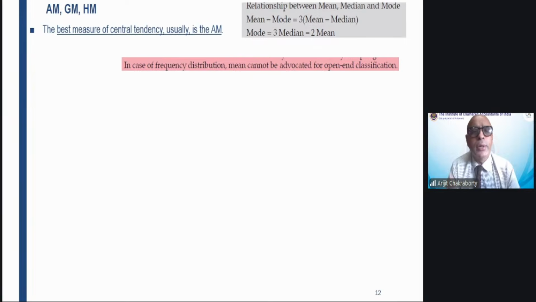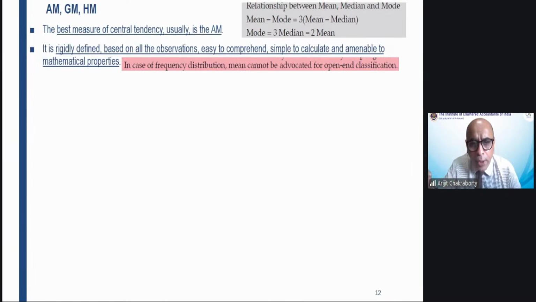So mean, median, and mode are connected through the formula mean minus mode equals 3 into mean minus median. And we have already gone through the different formula which captures the relationship between AM, GM, and HM.